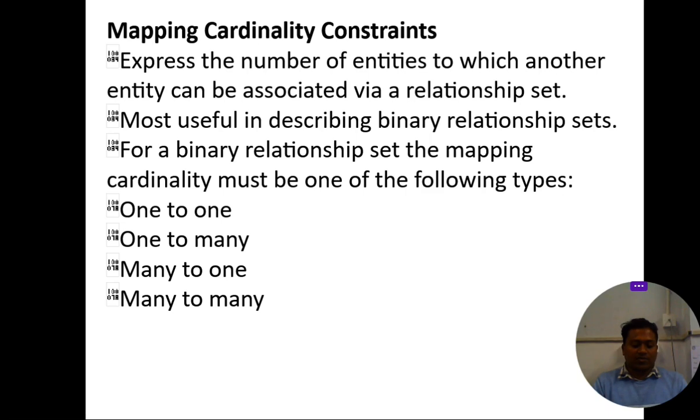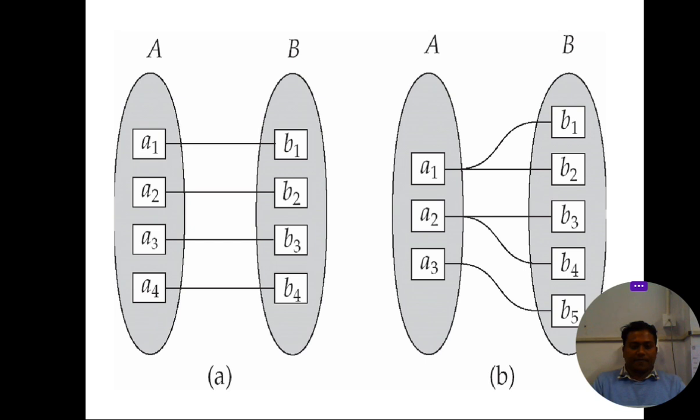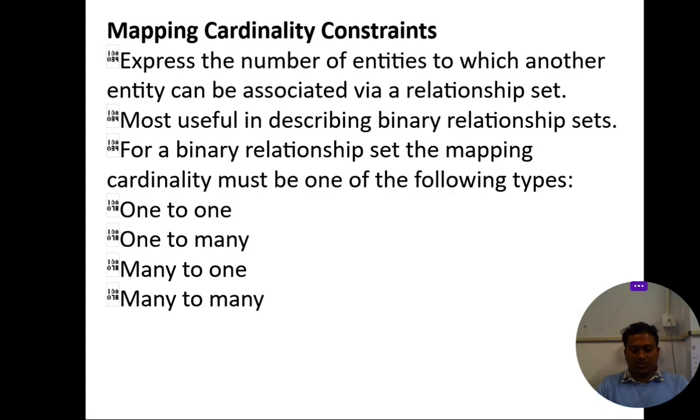Derived attributes can be computed from other attributes, for example, age given date of birth. Composite attributes are like name: first name, middle name, last name; and address: street, city, state, postal code, where street has street number, street name, apartment number.